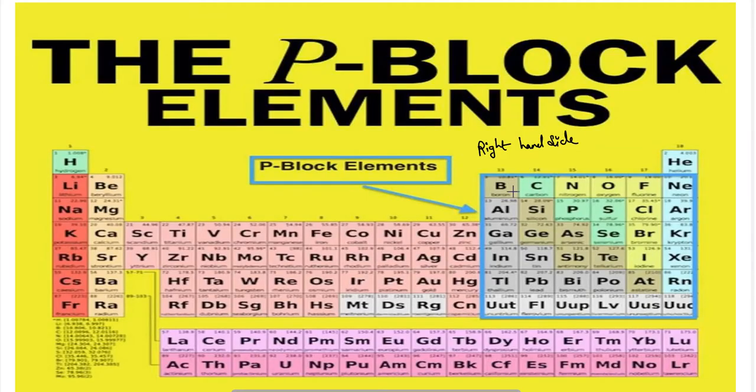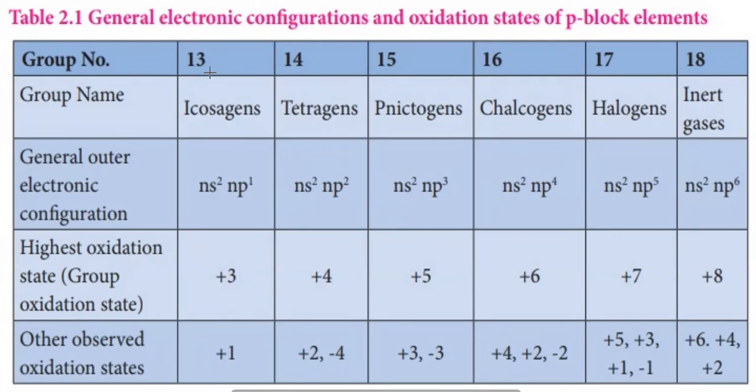So which are the groups that come here? Group number 13 is called the boron family, the icosagens. Next, group number 14 are called tetragens.